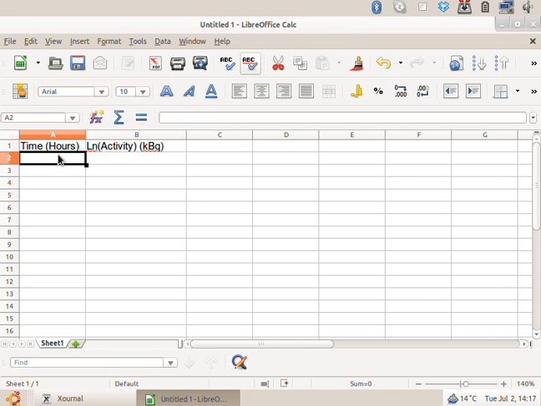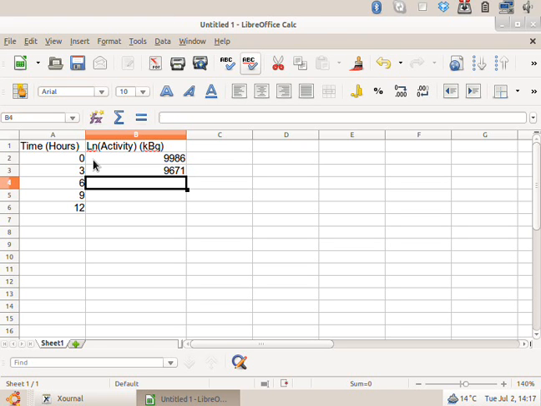Right, the times are 0, 3, 6, 9, and 12, and then the activities. 9, 6, 7, 9, 3, 6, 5. Oh, see, hang on, I have to fix one of my titles. And then 8, 7, 8, 3. Actually, that one, that's just the activity.